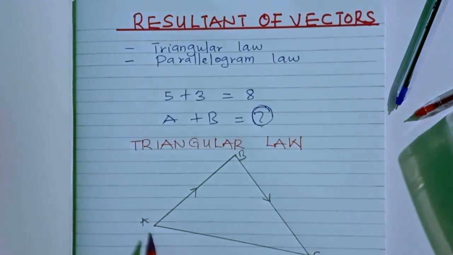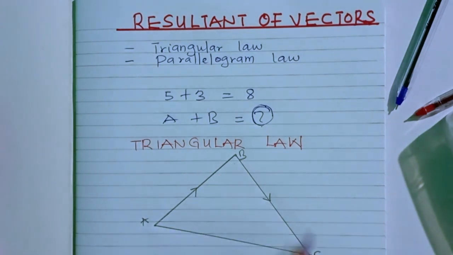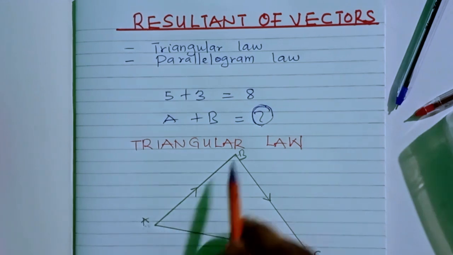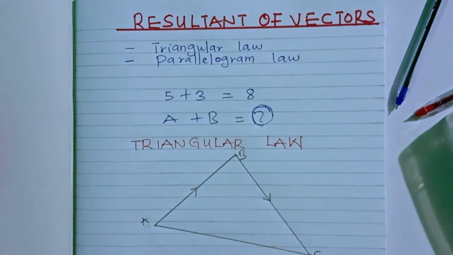So the resultant of AB and BC will be AC. When you move from A to B, then from B to C, it simply means that we are moving from A to C. So the resultant of vector AB and vector BC is AC.